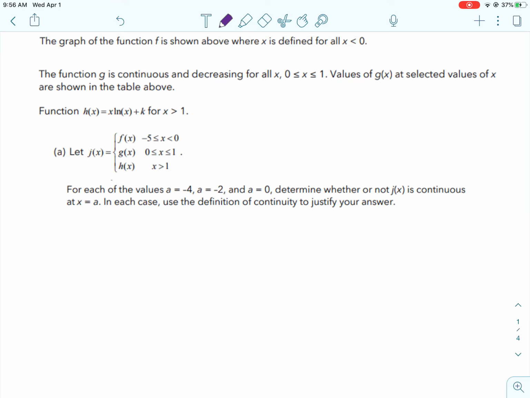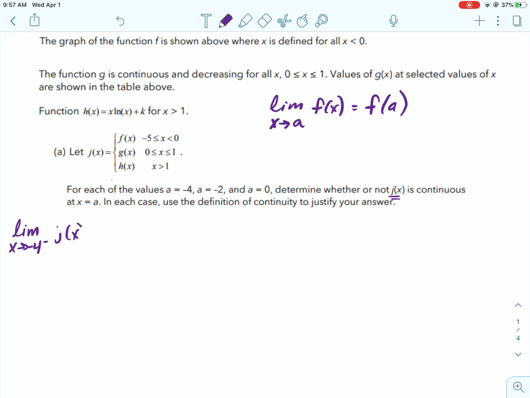Just a quick recap, and you wouldn't write this down as part of your answer: for a function to be continuous, the limit as x approaches that value, from the left and right, has to equal the value of the function at that value. So that's what we have to prove or disprove whenever we're determining if a function is continuous at a point. So let's start with -4.